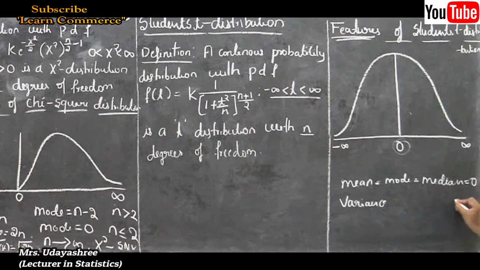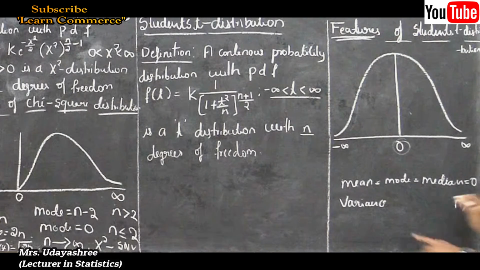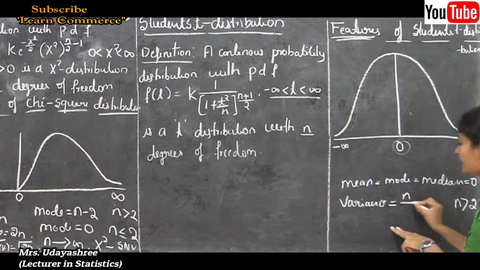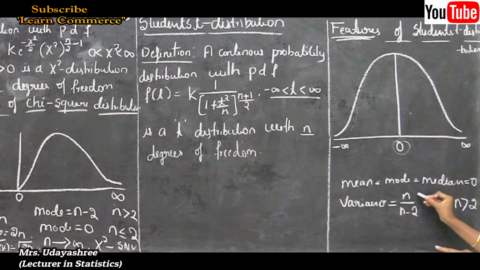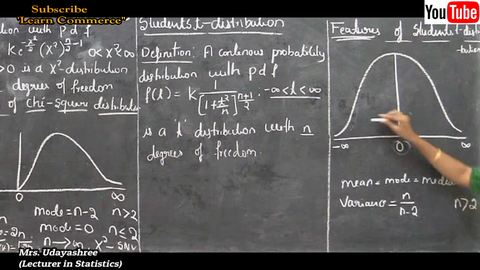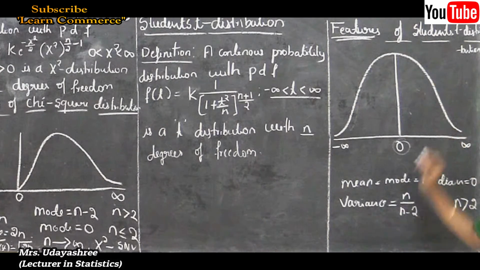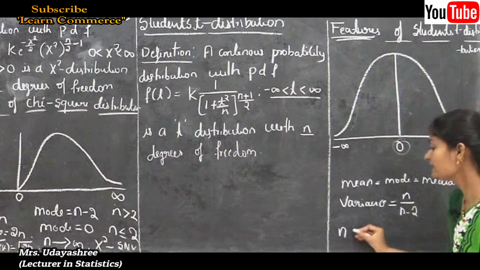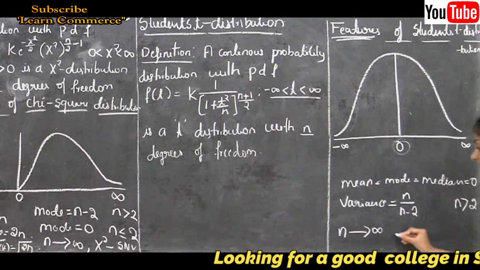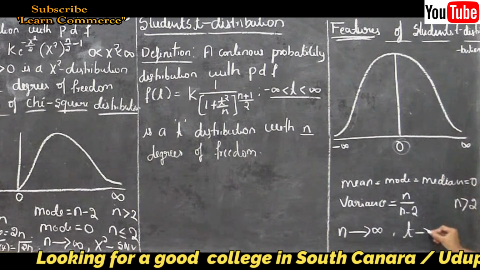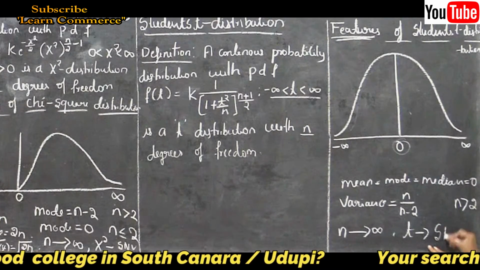Here mean, median, mode are equal to 0 and we can calculate variance. If n is greater than 2, then variance is n by n minus 2, and this is leptokurtic. If n is large or n tends to infinity, then t distribution tends to standard normal variate.